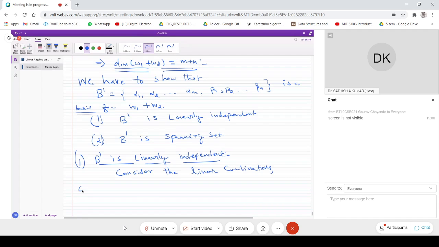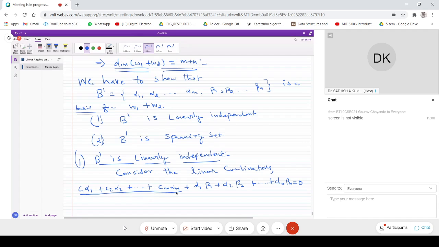Consider the linear combination C1 alpha 1 plus C2 alpha 2 plus etc. Cm alpha m plus, let us put some notation, D1 beta 1 plus D2 beta 2 plus etc. Dn beta n equal to 0. Now all these C1, C2, etc., Cm and D1, D2, etc., Dn are scalars.